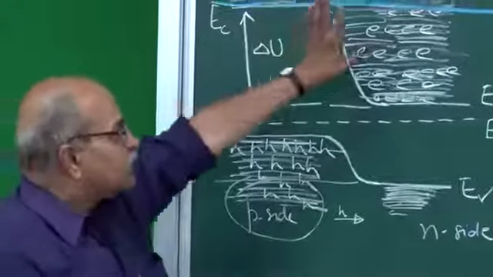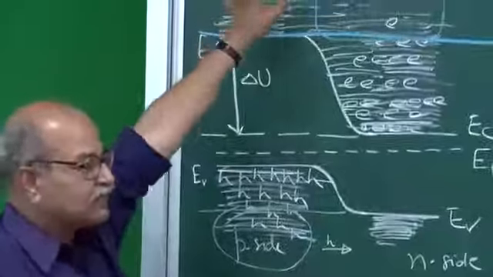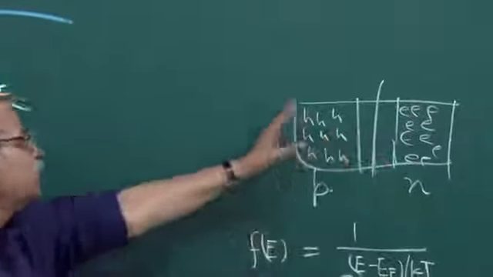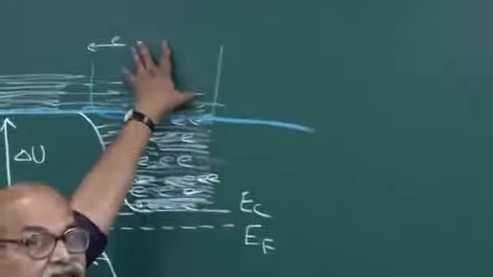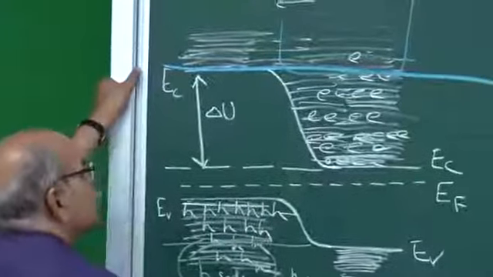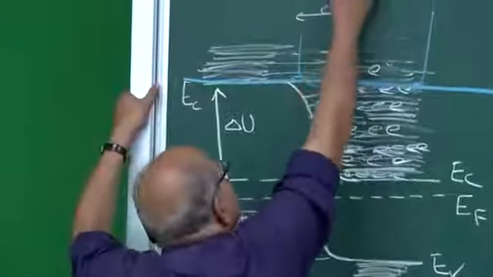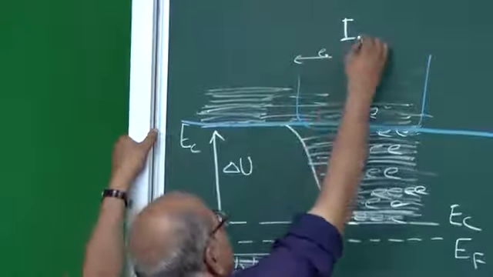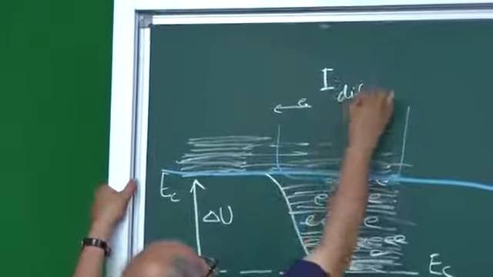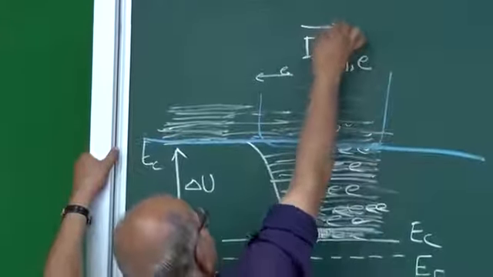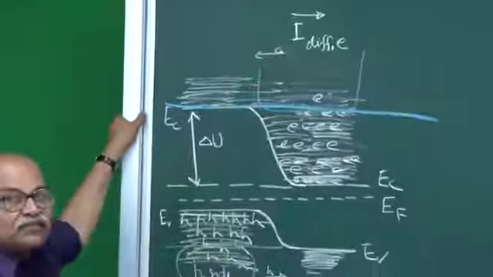But such migration will take place because of the concentration gradients. The electrons will try to diffuse here, and the ones which have sufficient energy will go, and therefore you will have a current. This is the current because of this electron diffusion. You can call it I diffusion because of electrons, and the direction will be opposite to the direction of electron movement.